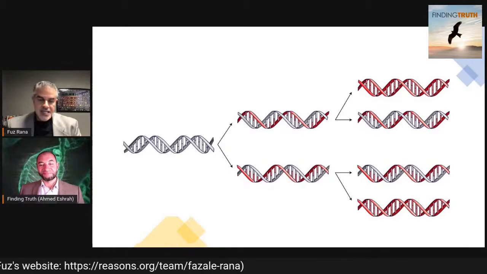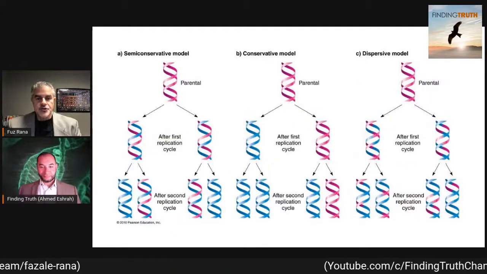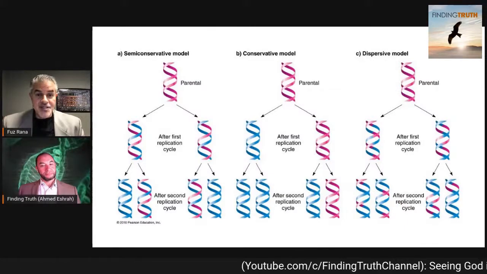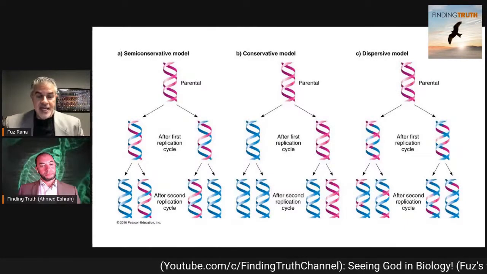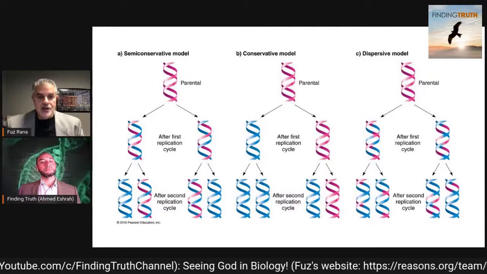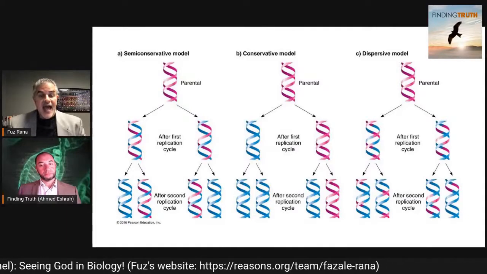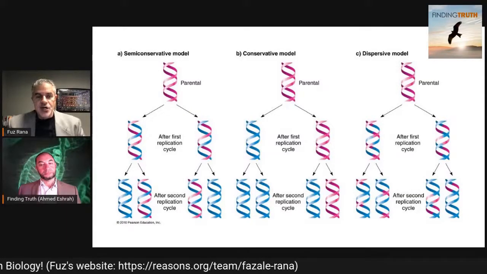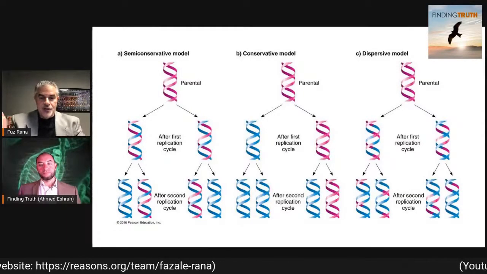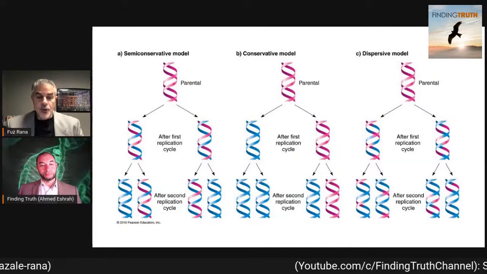Now, what's interesting is that prior to the discovery of the structure of DNA, biochemists learned that DNA was the genetic material. It was the molecule that stored the genetic information, but they didn't know how it would replicate. So there were three models that people were exploring.